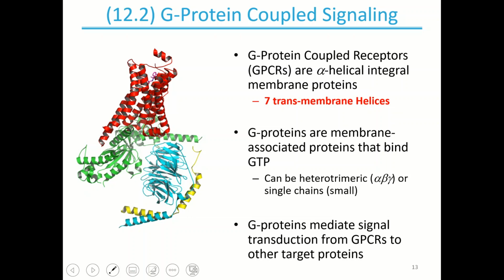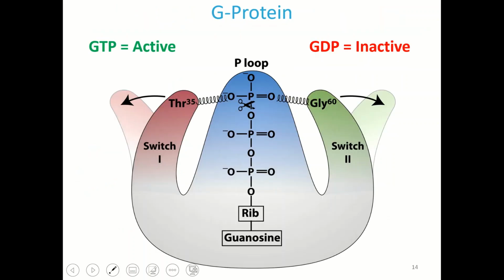So they're sort of like a middleman, if you will. This is a cartoon depiction of a G protein, and I'm going to say a few words about the actual mechanism, I guess, if you will, of the G protein. The cartoony blob here is the protein.